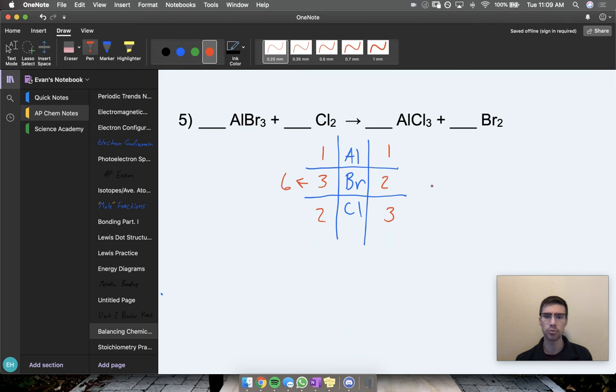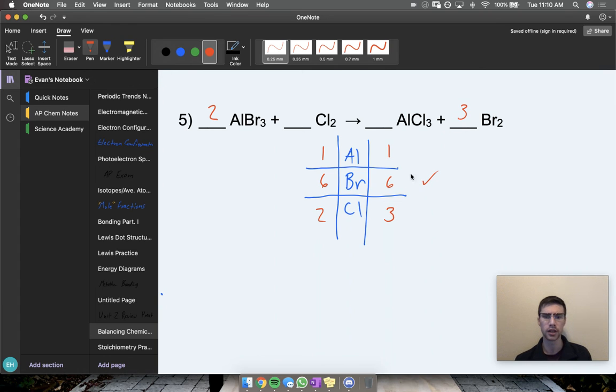So if we want to end up with 6 on both of these, I'm going to need a coefficient of 2 on the left, because 2 times 3 is what gives us 6. And I'm probably going to need a coefficient of 3 on the left. Now, again, that doesn't help us with filling in the coefficients for the bromine and the chlorine last, but if it works out, that will be convenient. So 2 times 3 is 6, 3 times 2 is 6.